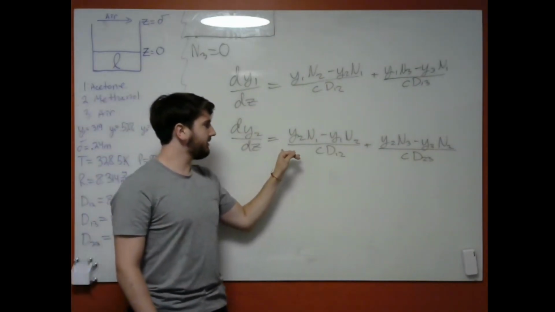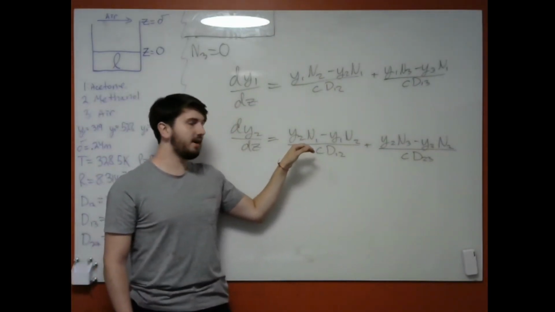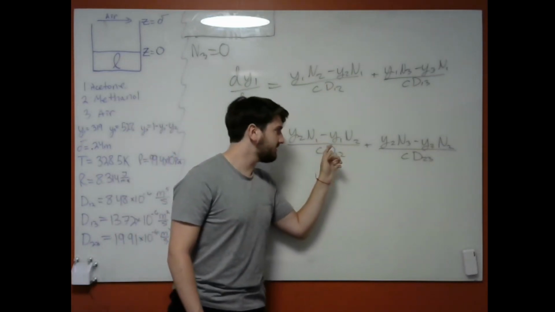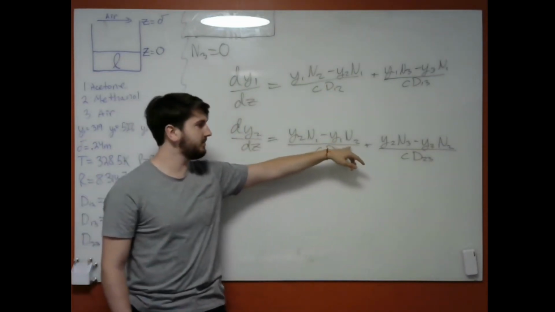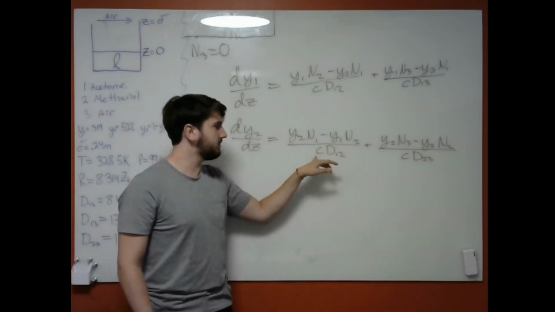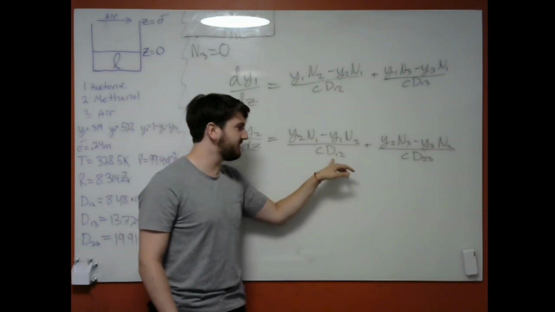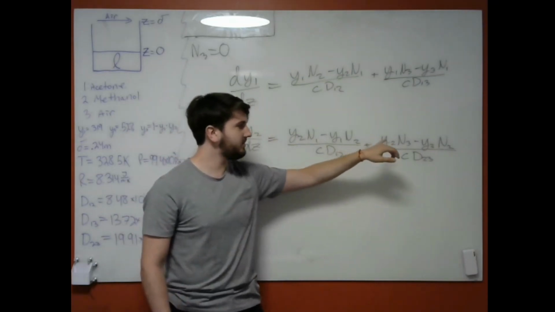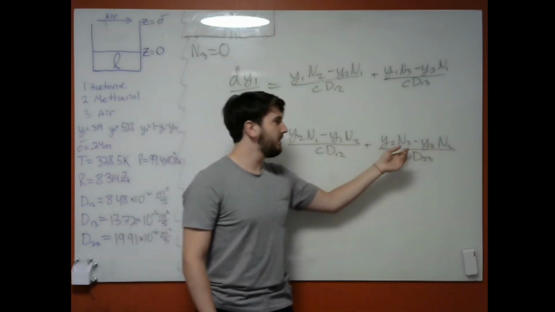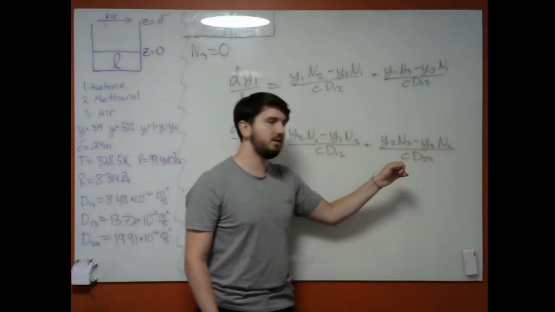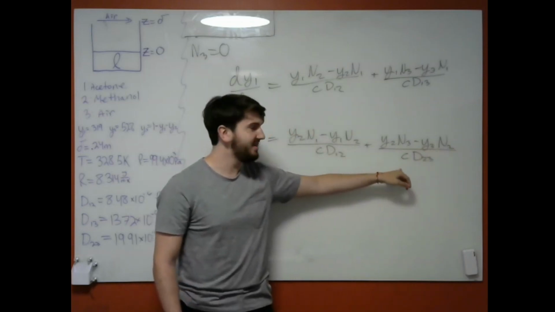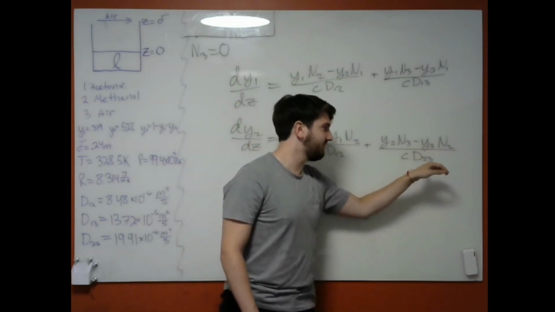Down here we have that it equals the mole fraction of component 2 times the molar flux of component 1 minus the mole fraction of component 1 times the molar flux of component 2 all over the total concentration times the diffusivity from 1 to 2, added to the mole fraction of component 2 times the molar flux of component 3 minus the mole fraction of component 3 times the molar flux of component 2 all over the concentration times the diffusivity from 2 to 3.